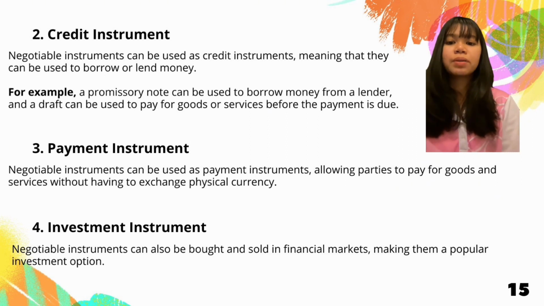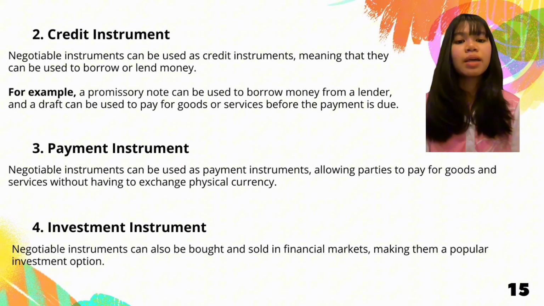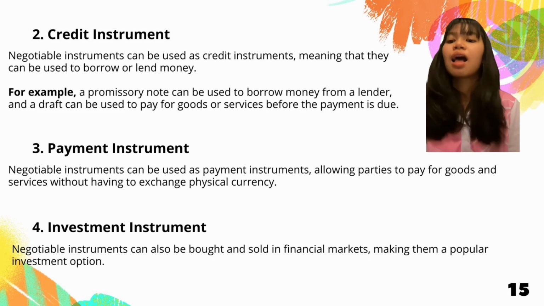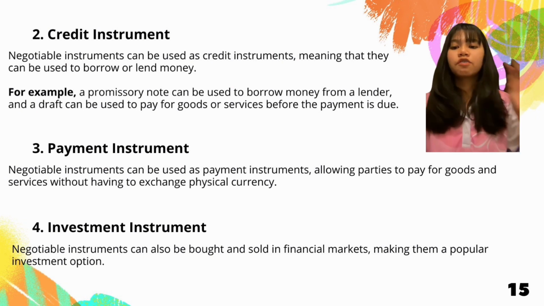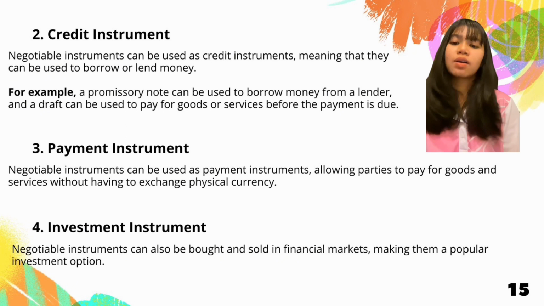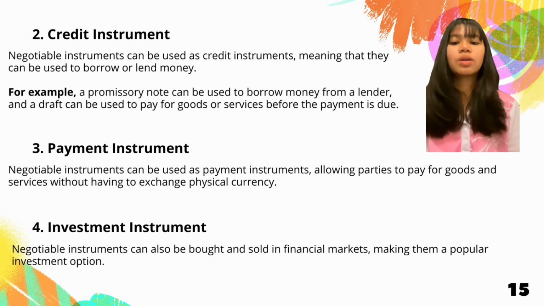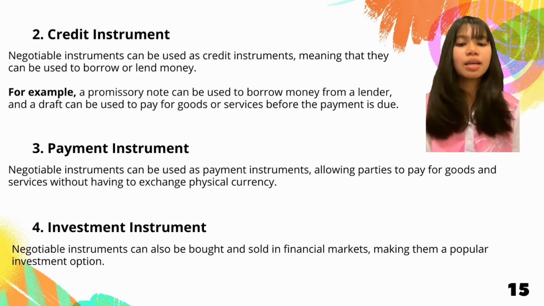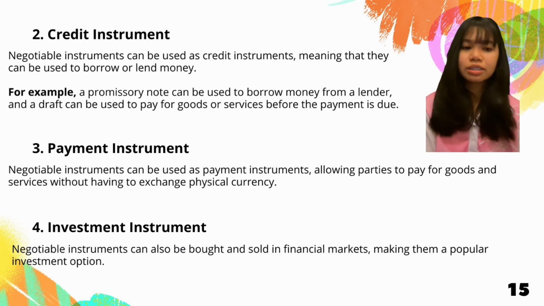Negotiable instruments can be used as payment instruments, allowing parties to pay for goods and services without having to exchange physical currency. 4. Investment instrument. Negotiable instruments can also be bought and sold in financial markets, making them a popular investment option.